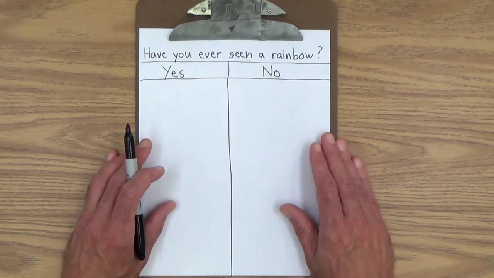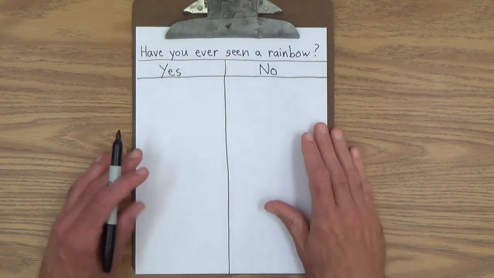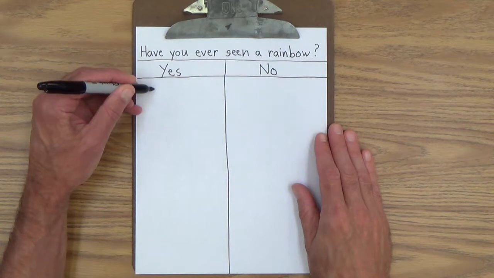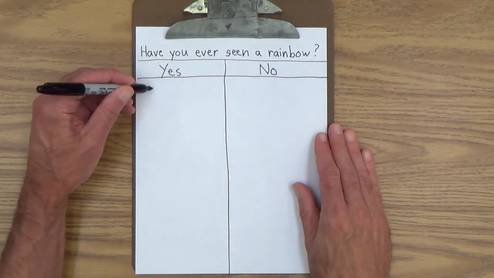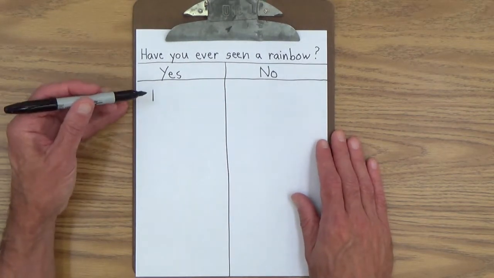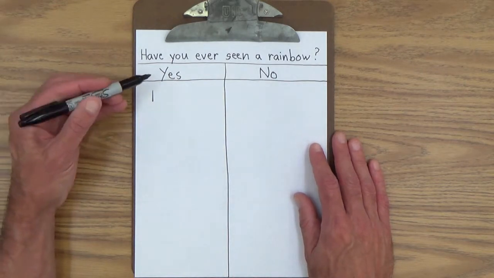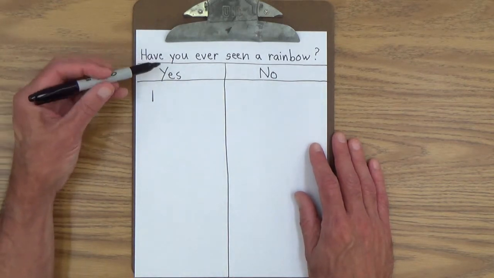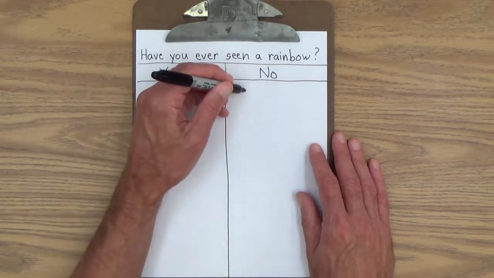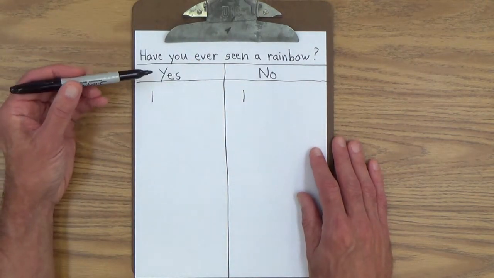But let's say in this particular instance, you and your child have sampled 20 people, and let's say the first one says, well, yes, I've seen a rainbow. A young child says, yes, I've seen a rainbow. So we're using tally marks, and that's what you will be using when you are taking survey data. So you ask one person, and he or she says yes, and maybe the next person says, well, no, I have not ever seen a rainbow.